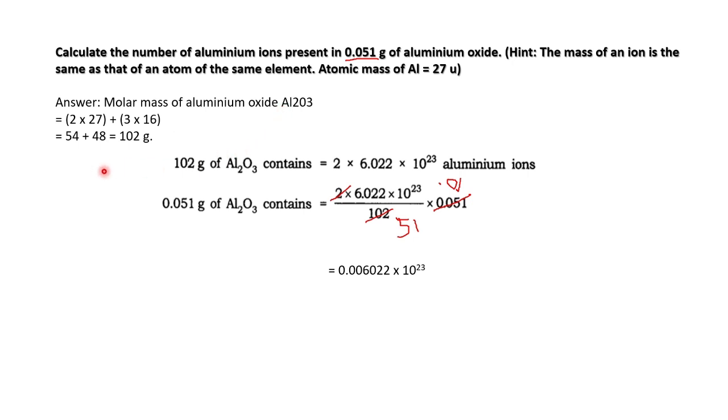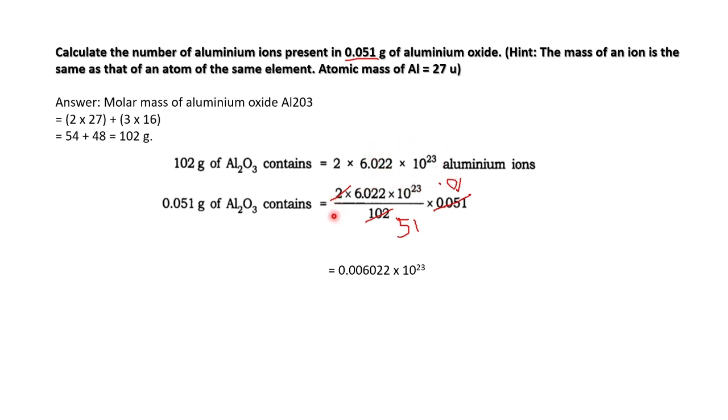So 102 grams of aluminum oxide contains how many aluminum ions? 2 into 6.022 × 10^23 aluminum ions. By multiplying by this Avogadro number, we are converting into the number of atoms.